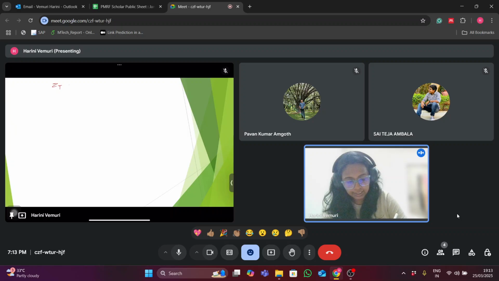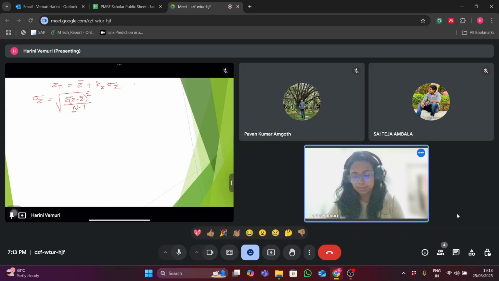Then we know zt is equal to z bar plus kz into sigma z. The standard deviation sigma z is the square root of the sum of (z minus z bar) whole square divided by n minus 1, where n is the length of the data and z bar is the mean of the data set.